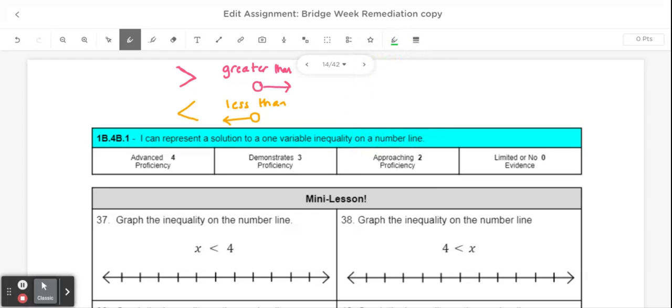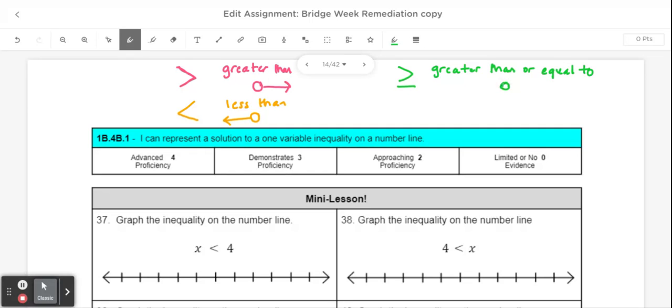The third symbol that we learned was greater than or equal to. So this symbol is very similar to the greater than symbol. The only difference is that for greater than or equal to, now it is okay for us to be equal to that number.